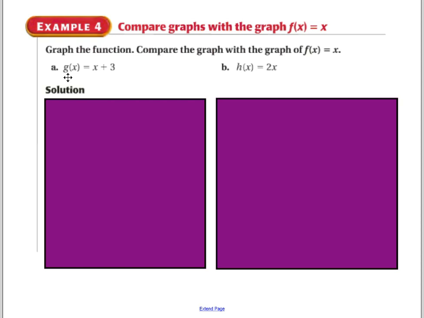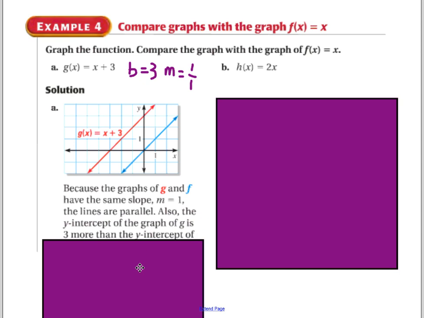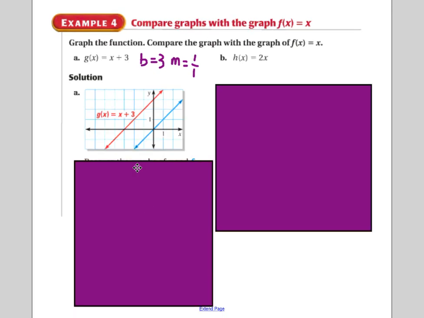We can use this parent linear function to actually compare with graphs. So in this case, we have g of x equals x plus 3. So we know that our intercept in this case is going to be 3, and our slope is, because there's an invisible 1 in front of that x, going to be 1 or 1 over 1. Okay, so my slope is going to be the same. However, if you look here, this blue line is my parent function.